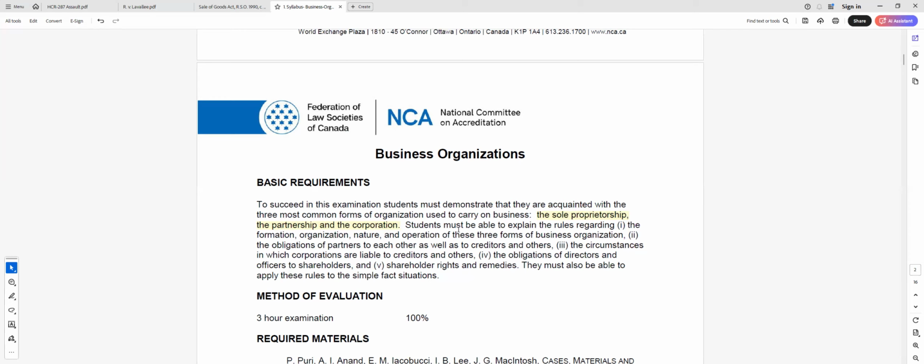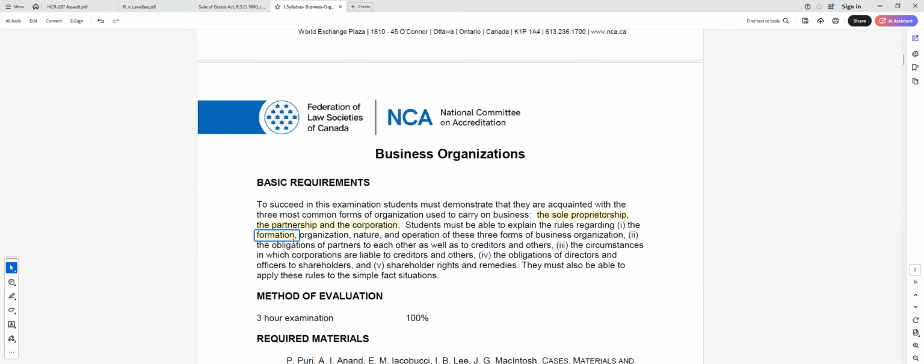Students must be able to explain the rules regarding the formation, organization, nature, and operation of these three forms of organization. In the coming chapters, they have broken these three down into different chapters and sections, where they explain the formation: how exactly a sole proprietorship is formed, how a partnership is formed, how a corporation is formed.